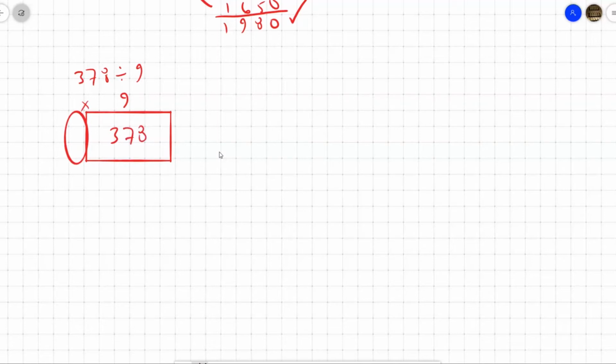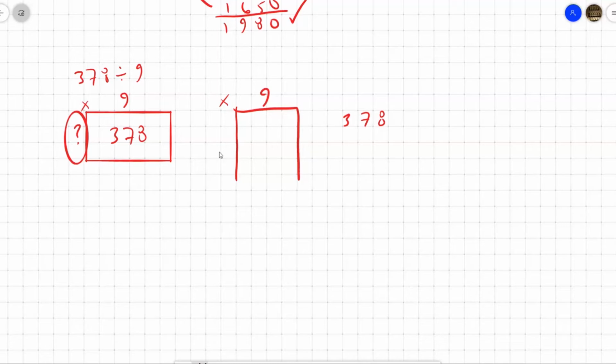So 9 times whatever number goes here is 378. That's going to give me my answer. So if I take that approach and just say, well, I have no idea what this side length is, so I need to find out that side length. I do know one side length is 9. So I know the whole amount has to be 378.